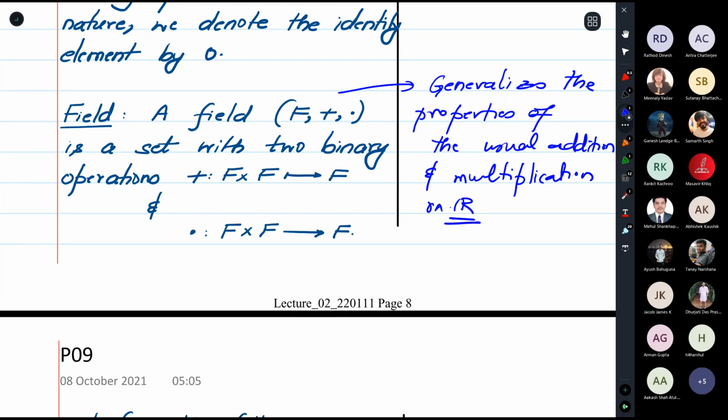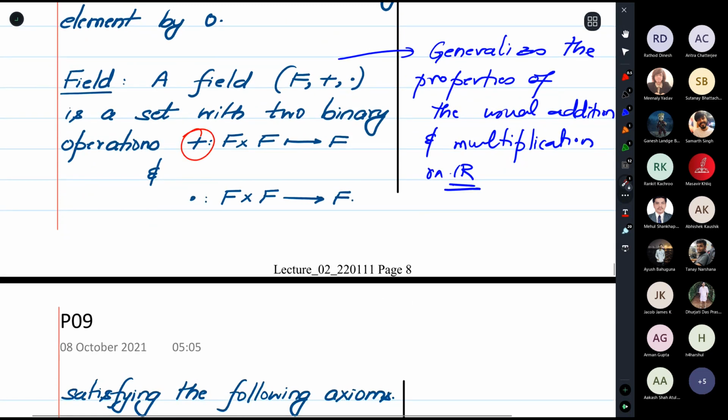But instead of focusing too much on R, what we try to do is look at the properties of addition and multiplication on R, extract them out, define this abstract object over here, and study the properties of this abstract object, and whatever properties hold true for this object will automatically hold true for the real line and any other field in general.